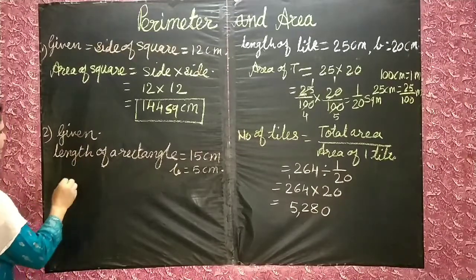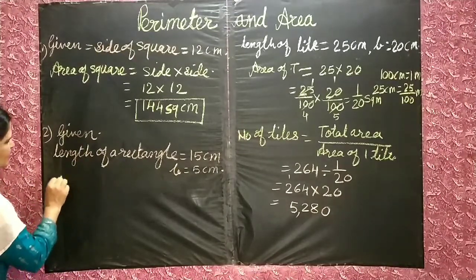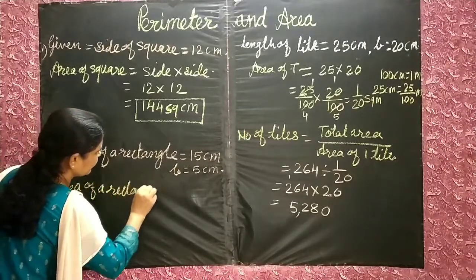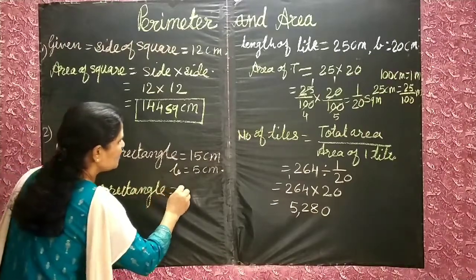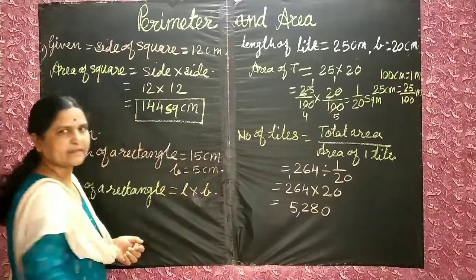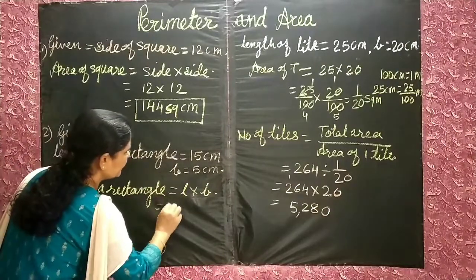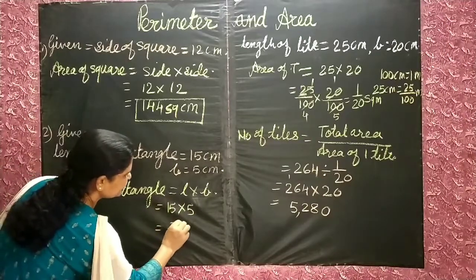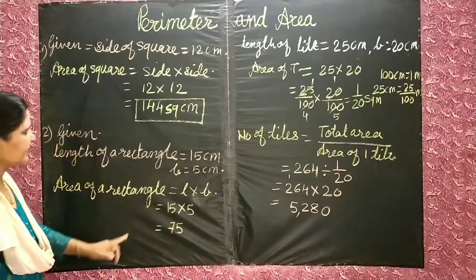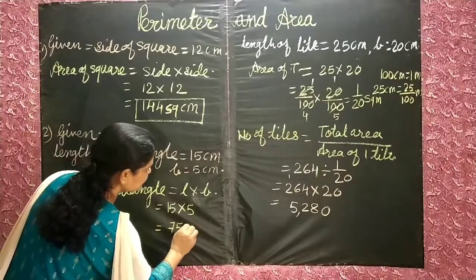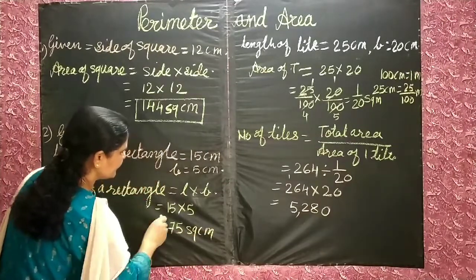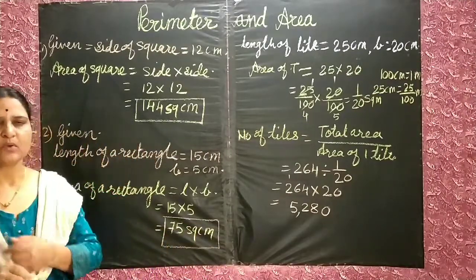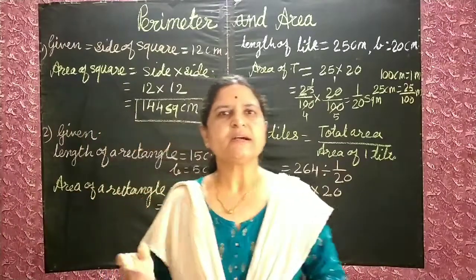Now the formula for finding the area of a rectangle is length multiplied by breadth. Correct? So length is given 15 centimeter multiplied by 5. How much? 75. So area of a rectangle is equal to 75 square centimeter. Square centimeter. So this is the area. Okay. So children, in this way you can solve the remaining sums.